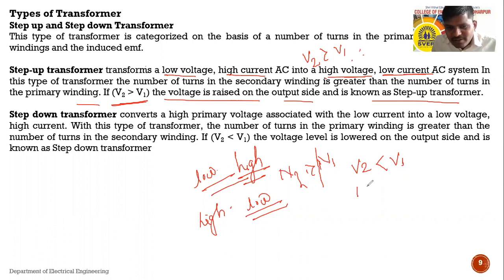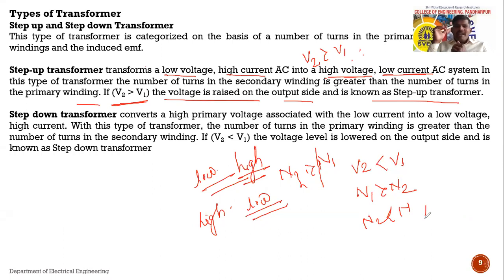That means the primary number of turns should be greater than secondary number of turns, or N2 is less than N1. So secondary turns are less than that of primary turns. So we achieve less voltage as compared to that of primary, or we are stepping down that voltage.